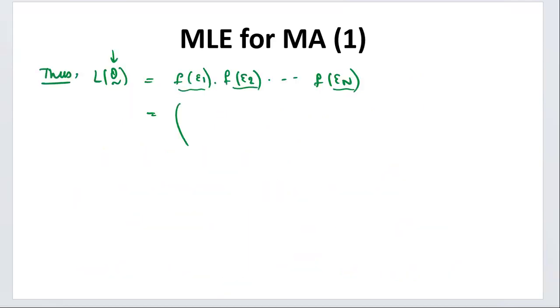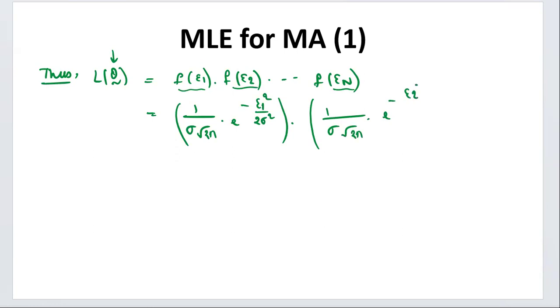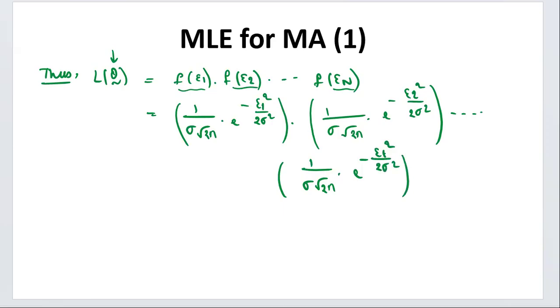So let's do that. 1 by sigma root 2 pi e to the power minus epsilon 1 square by 2 sigma square, 1 by sigma root 2 pi e to the power minus epsilon 2 square upon 2 sigma square, and this will go on up to 1 by sigma root 2 pi e to the power minus epsilon t square upon 2 sigma square.